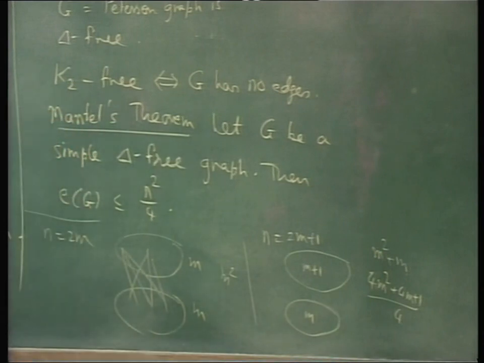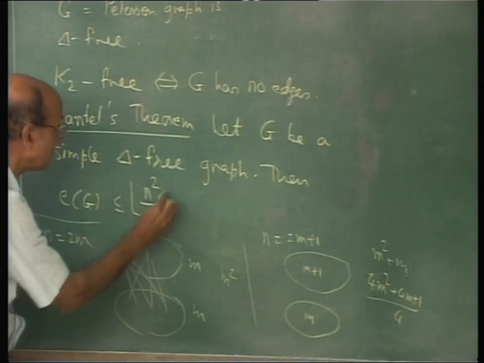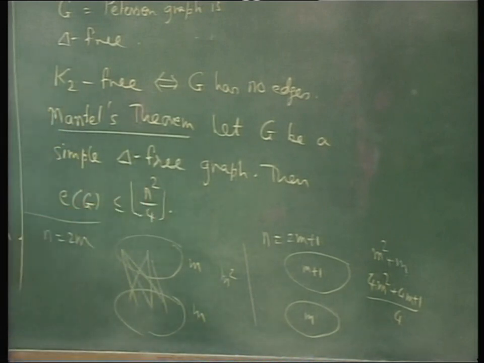So that's okay, because you need to look at the integer part, since the number of edges is an integer. So that equality is actually met. You can get equality there. What remains to prove is that you cannot get anything better than this. You cannot really improve. That is the best that you can get.